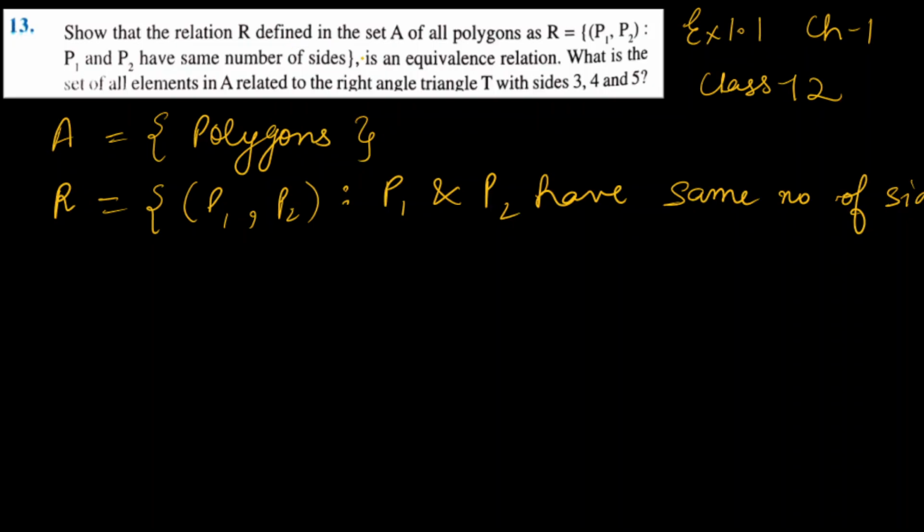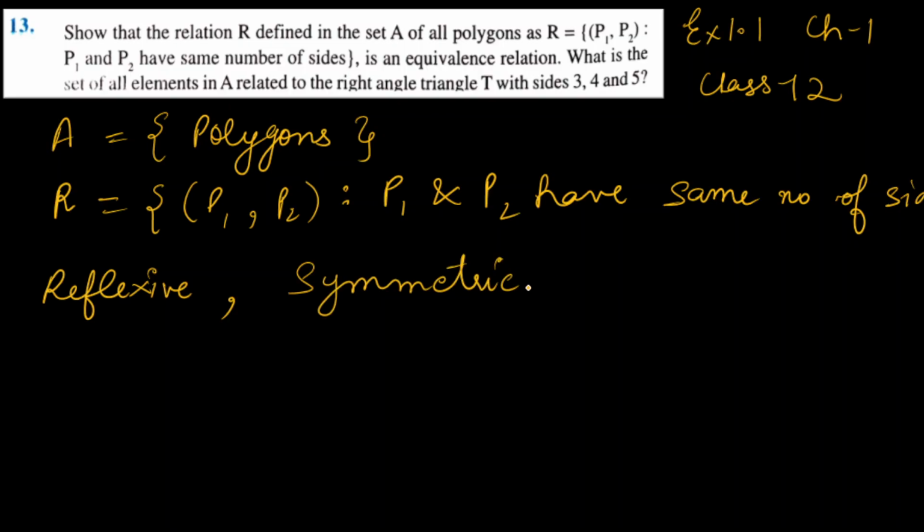We have to show that this relation is an equivalence relation. We know that any relation that is reflexive, symmetric and transitive is an equivalence relation. So we have to prove that this relation is reflexive, symmetric and transitive.